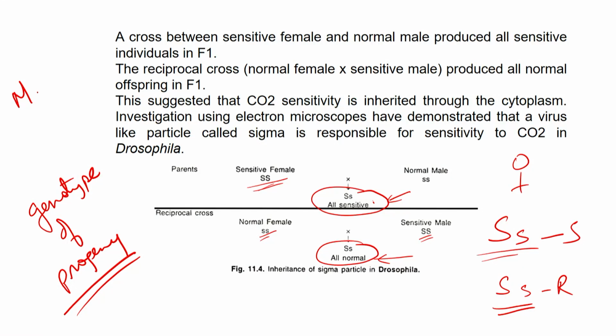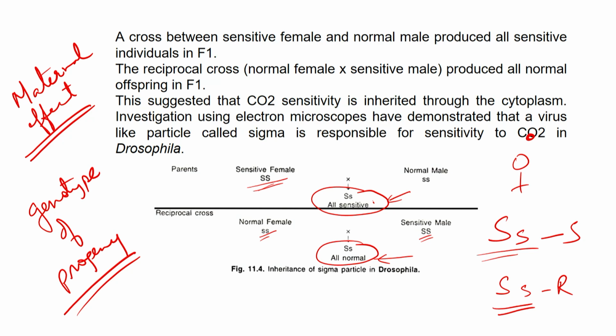So this is what is infective inheritance, and this also follows a maternal effect from the mother. Okay. So this phenotype depends upon what kind of mother is present. If the mother is sensitive, all the progeny will be sensitive. If the mother is normal, all the progeny will be normal.